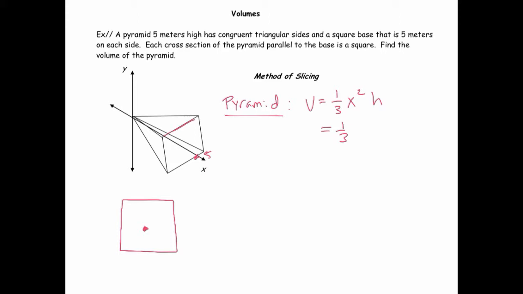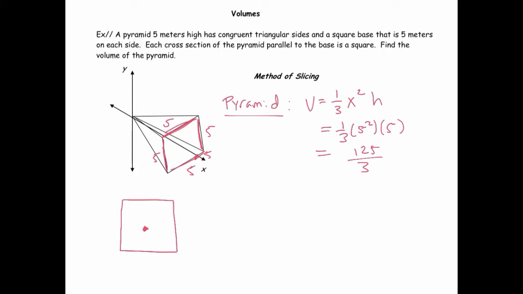So the square base has each side being 5, and the height is 5 as well, even though it's not drawn to scale here. So the actual volume of this thing we know ahead of time, 125/3, but we'll compare it to what we get when we do the integral.